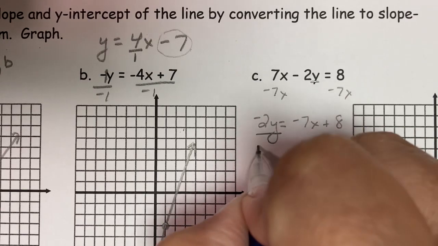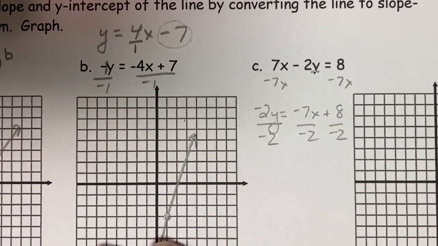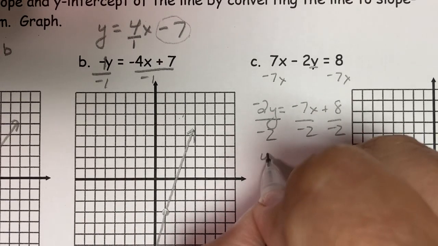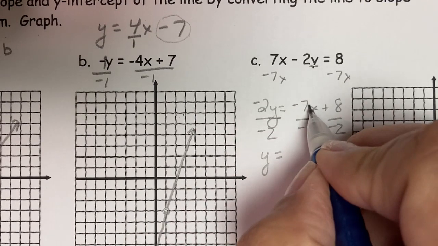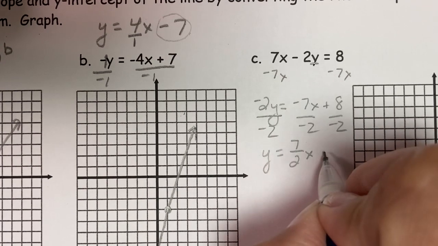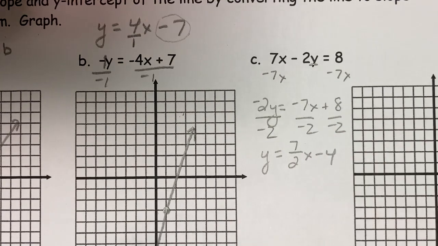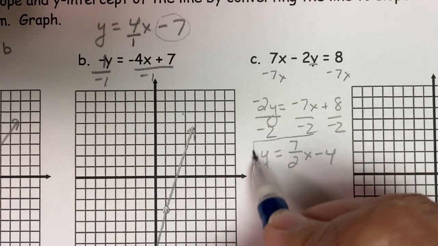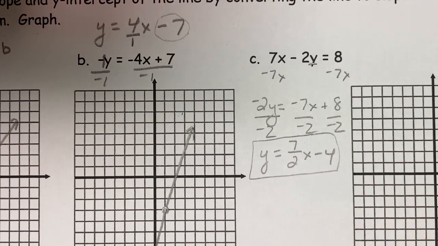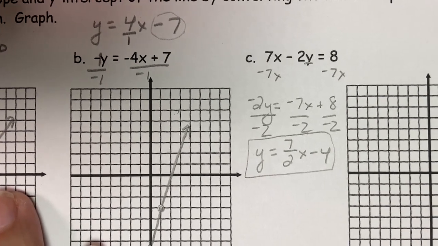And then if I divide everything by -2, that's going to give me y is equal to, now a negative divided by a negative is going to be +7/2 x, and then 8 divided by -2 is -4. Here is my line in slope-intercept form. So now I can go ahead and graph it.